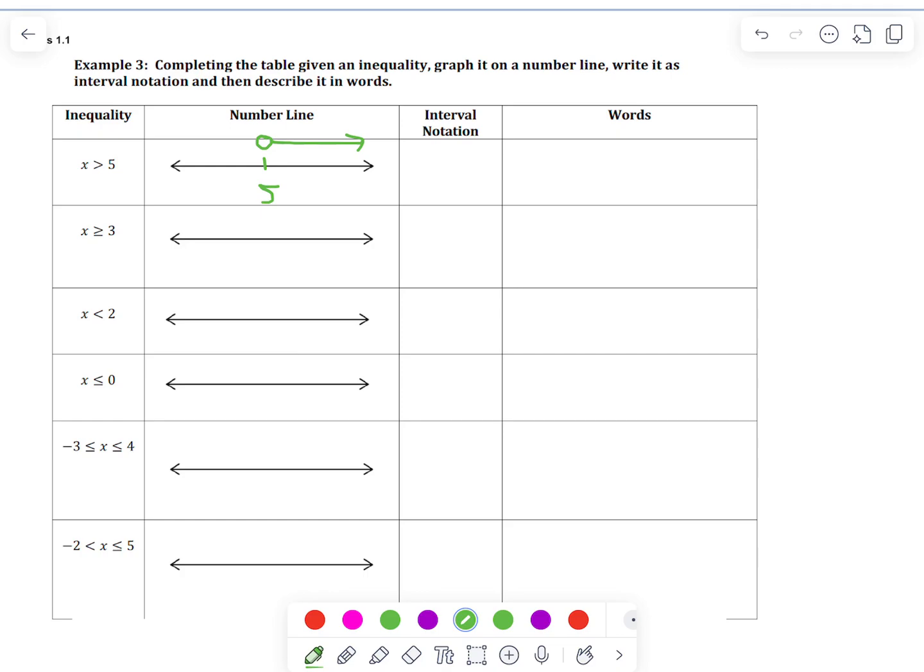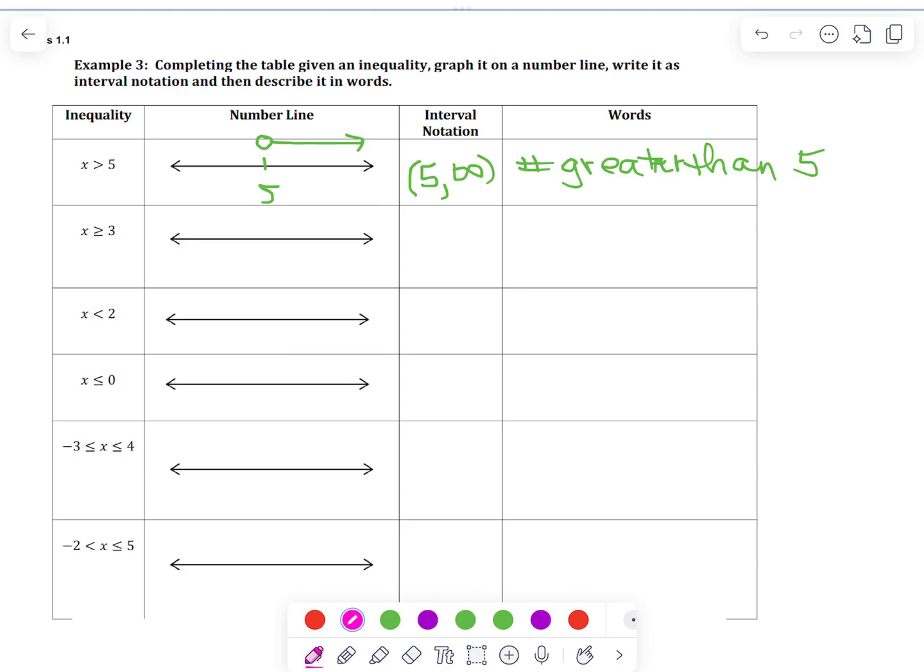And then it's not including 5, so I'm going to put a parentheses, and then going to the right, so positive infinity. I'm just doing a quick little shortened version here: numbers greater than 5.